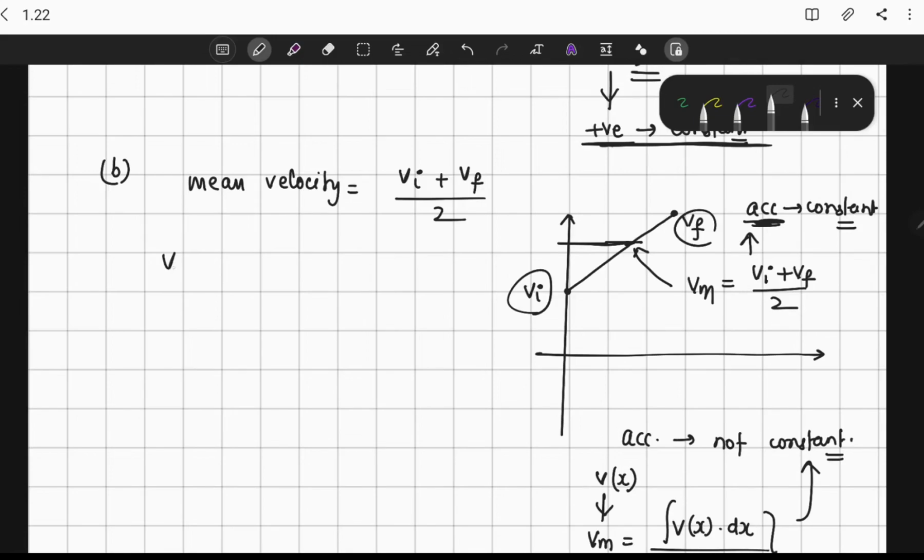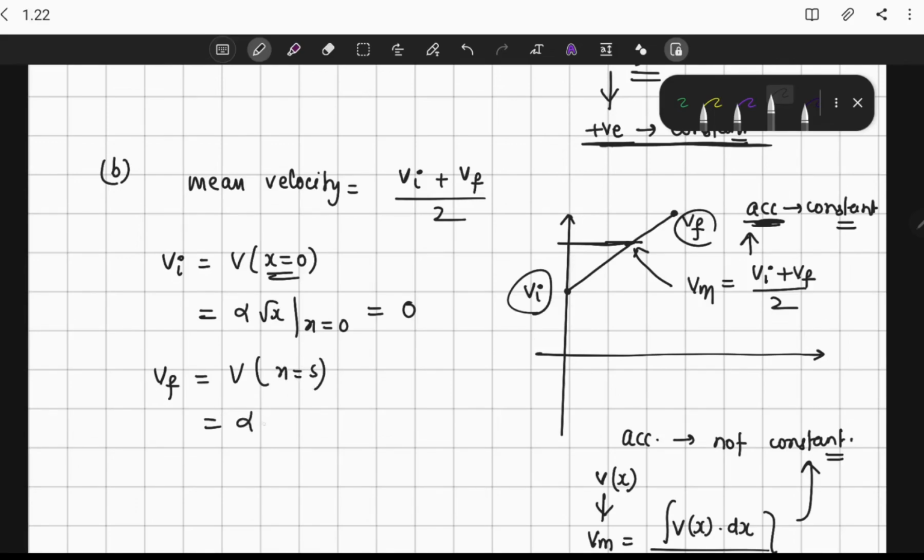Now what is the initial velocity? That is the velocity at x is equal to 0, because at the time instant t is equal to 0, it was at x is equal to 0. At that point we can write alpha root x at x is equal to 0, that is equal to 0. What is the final velocity? That is at the distance of s, so we can write velocity at x is equal to s.